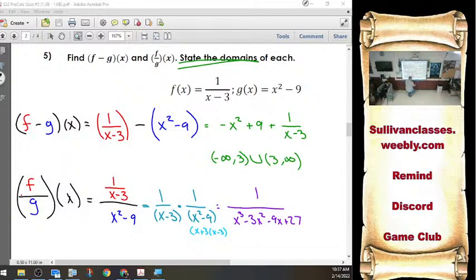To exclude that, we get double union. Negative infinity to negative 3, can't touch it. Negative 3 to 3, can't touch that. And 3 to infinity. You set the denominator equal to 0. Anything that will make the denominator 0, anything that will violate my rules, anything that's going to eat my goldfish, not allowed to the party.